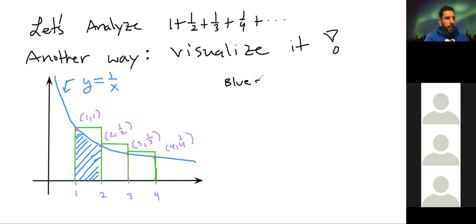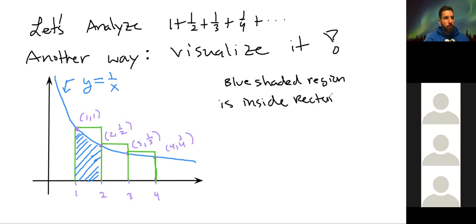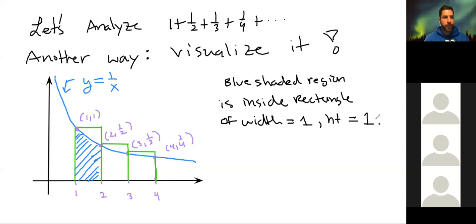The blue shaded region is inside the rectangle of width equals 1, height equals 1. Would anybody agree or disagree with that? I don't think any of you would disagree. If I said, where is that blue shaded region? You would say, oh, it's inside that green rectangle.